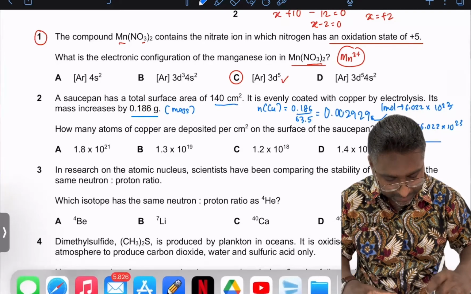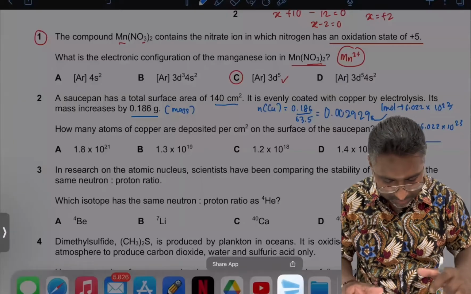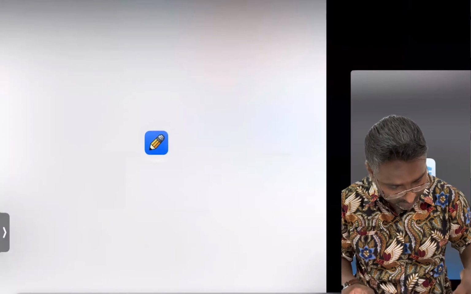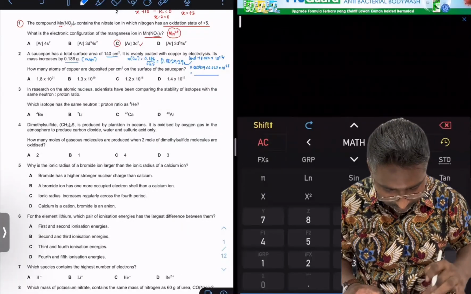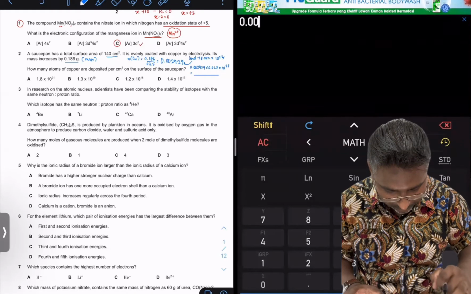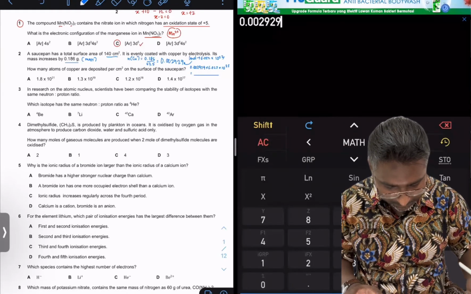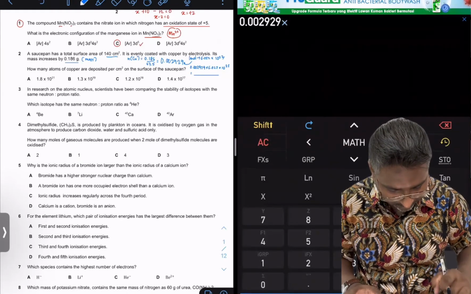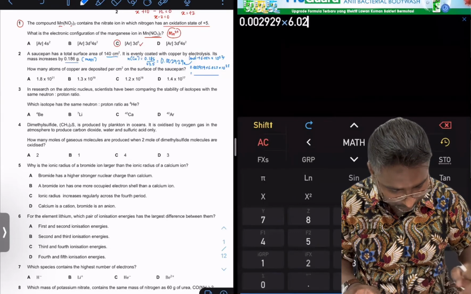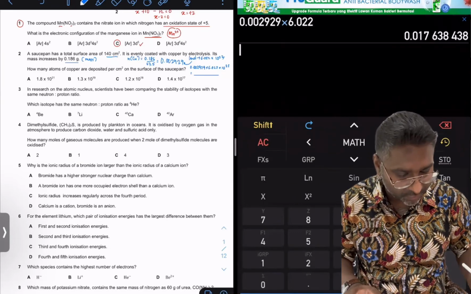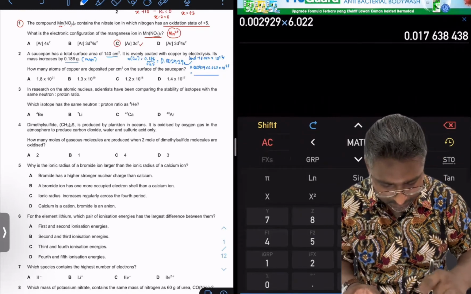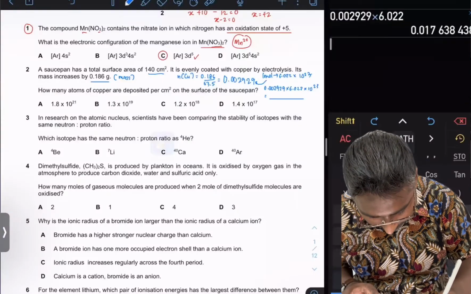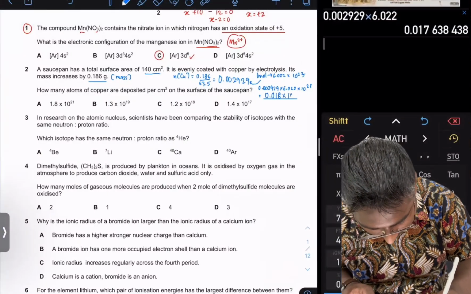Once you find out, you can calculate also. Help me to calculate, but I will try to calculate on my own also. Here I have 0.002929 times 6.022, and I will have 0.018 times 10 to the power 23.